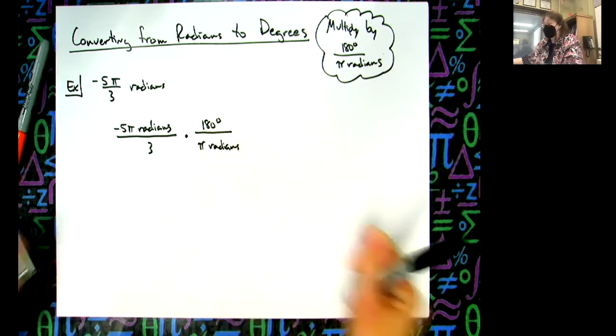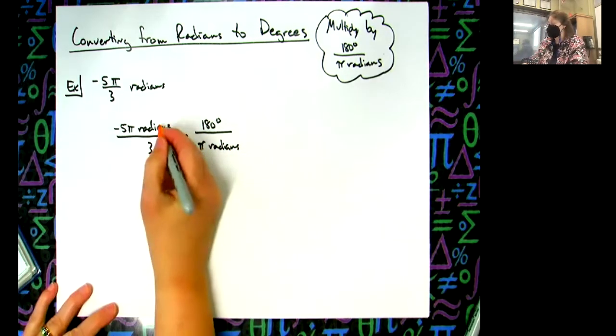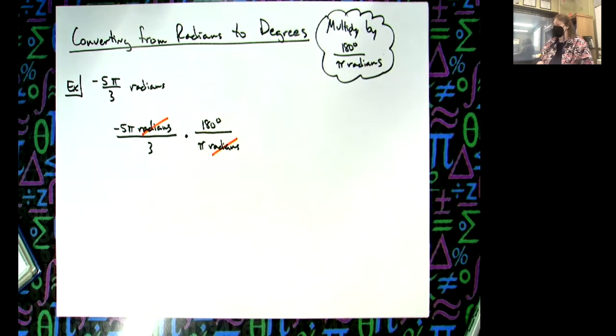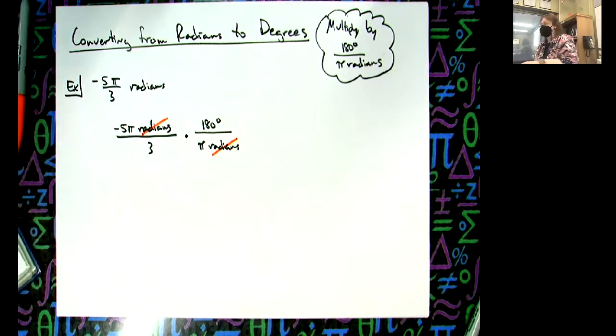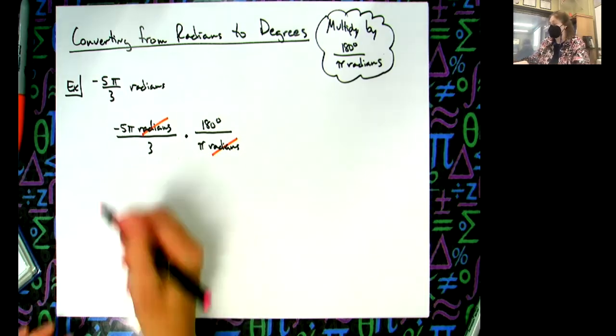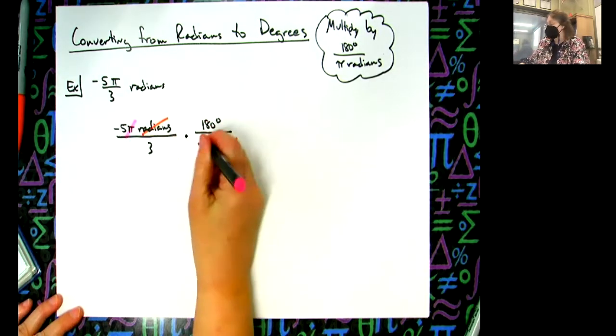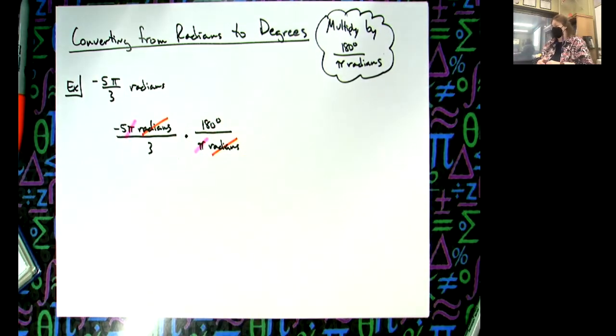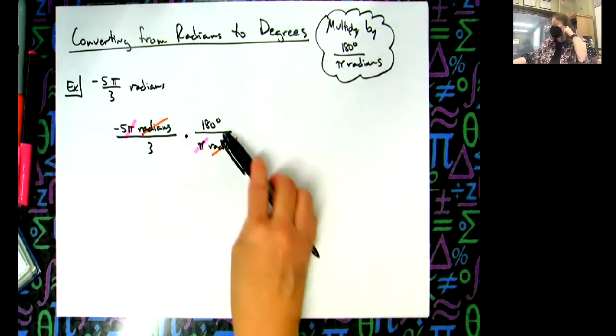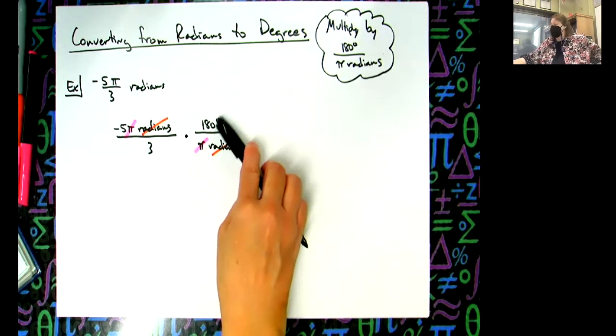And then that allows me to cross off radians and radians. Can I cross off anything else? Can I cross off the pi's? Because I got a pi in the top and I got a pi in the bottom. So that's pretty nice. All right, the only label I have left is degrees, which is where I want to go.